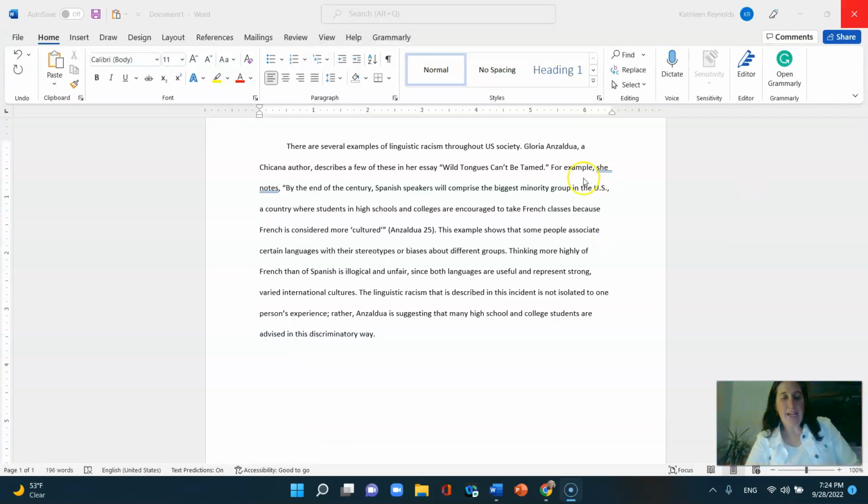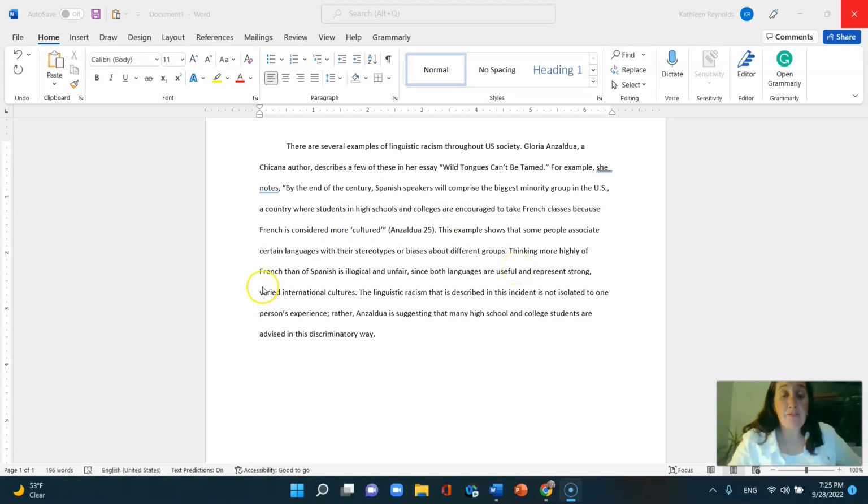Okay, so after the quote, I added, this example shows that some people associate certain languages with their stereotypes or biases about different groups. So I said this example shows or indicates or illustrates. I'm not exactly repeating what I had in the quotes. I'm kind of saying, what does it mean? What's the greater meaning?